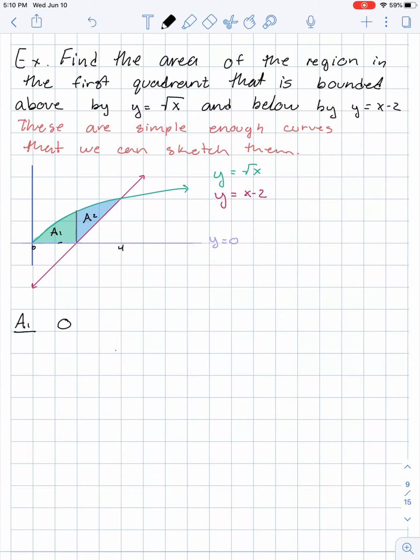All right, so when x equals 2, that's this little point right here. So for area 1, my bounds are going to be when x equals 0 and when x equals 2.